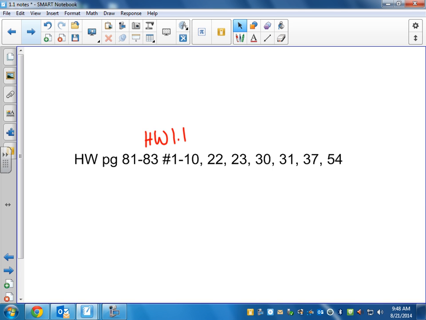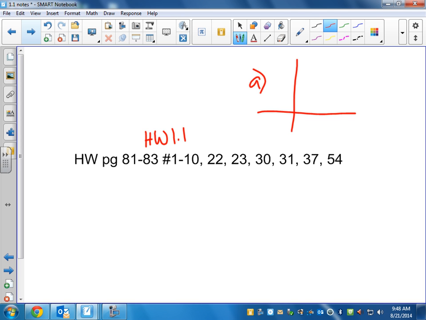I do want to show you something about the graphs there. Like on A, you see how on that graph it shows something like this, and it says -2, 14 by -4, 36. That's how this book shows graphs. And what do you think that means?